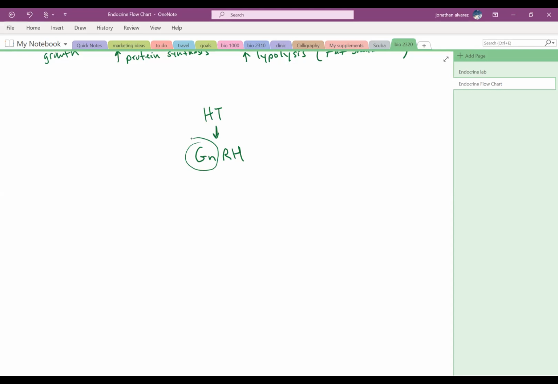So the hypothalamus releases gonadotropin releasing hormone, which goes to the anterior pituitary to release follicle stimulating hormone and luteinizing hormone.